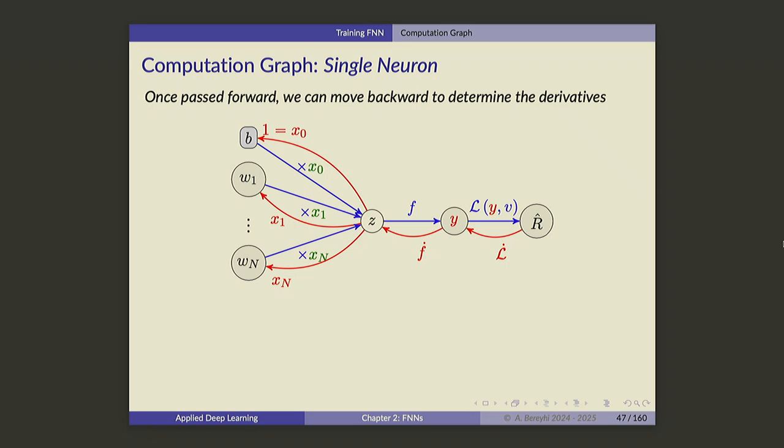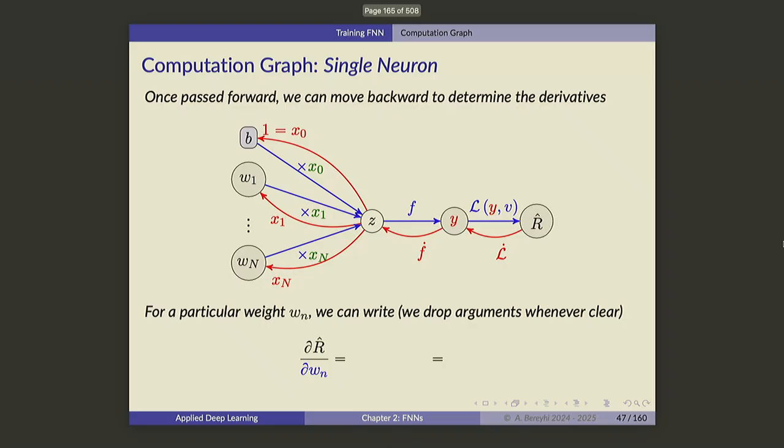Now, if you want to compute the derivative of your loss with respect to b or any other weight, you would just move backward on this graph. This is going to be the derivative with respect to y, which I can compute by L dot. Then the derivative of y with respect to z, which I can compute by f dot.